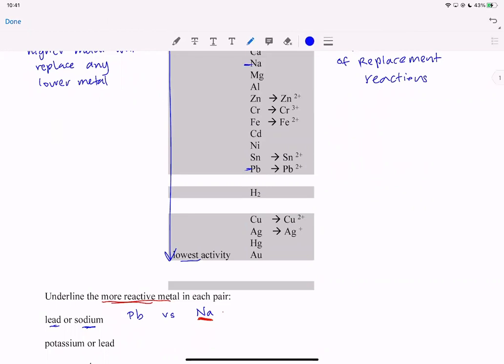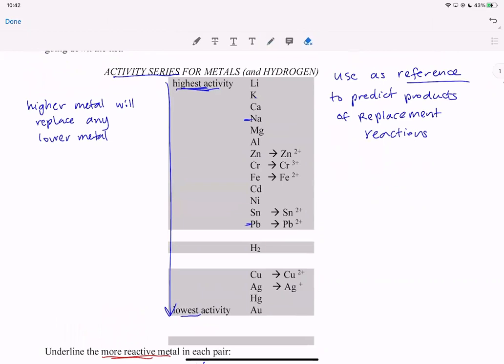For the next, you have potassium or lead. Who's more reactive? So again, you need the element symbol for potassium, which is K, and this is compared to lead, which is still Pb. So let's take a look at potassium versus lead. Here's potassium, K, and then the lead, Pb, is down there. So who's more reactive?